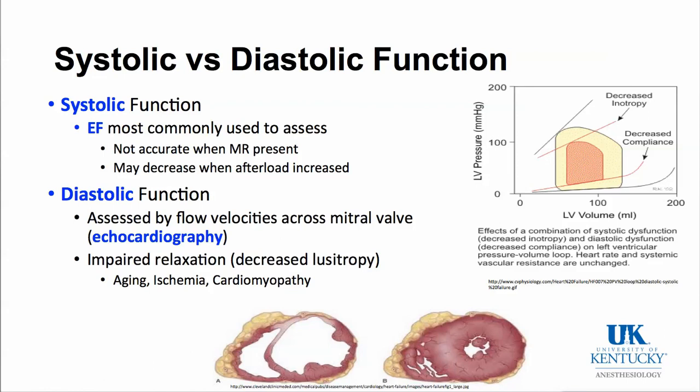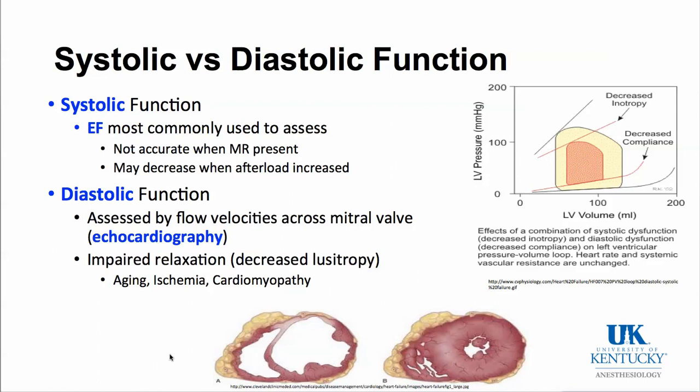Diastolic function we usually think of as relaxation of the heart or lusitropy, often assessed by flow velocities across the mitral valve, the classic E and A waves, passive filling followed by atrial kick, seen with echocardiography. And patients that have impaired relaxation are those that often have long-standing hypertension, the aged heart, ischemic heart, and cardiomyopathy heart.